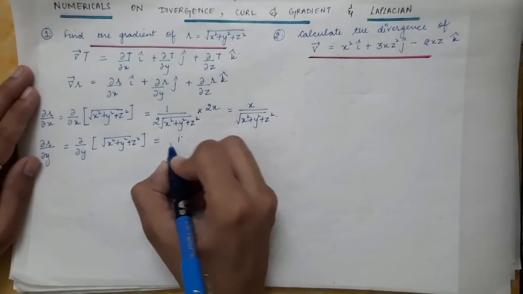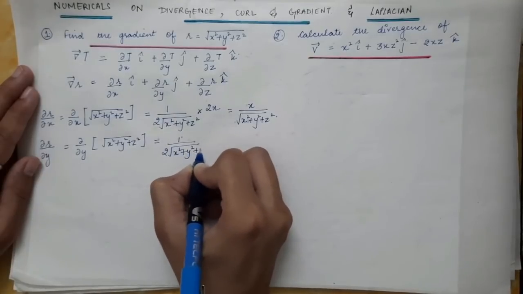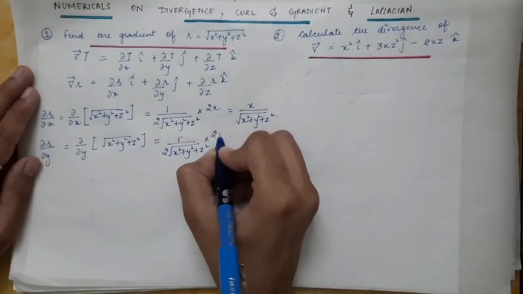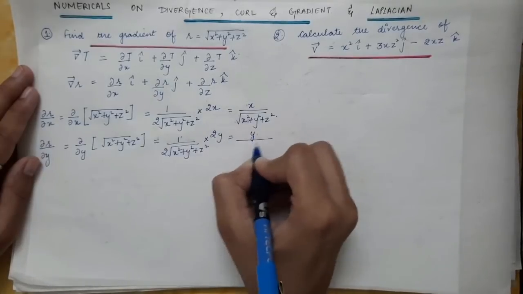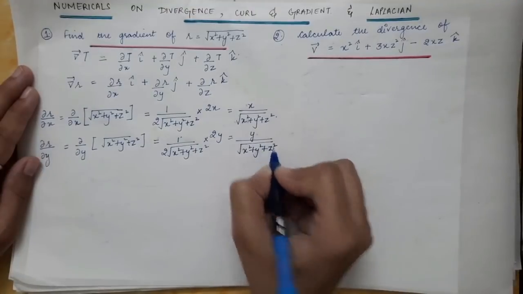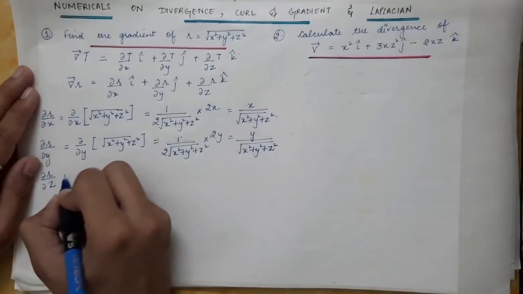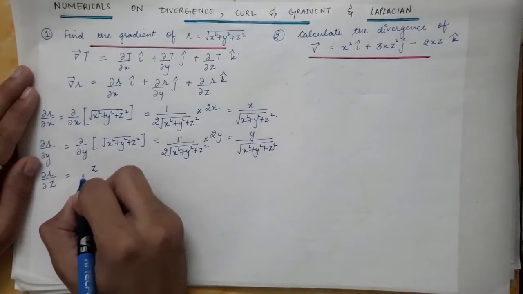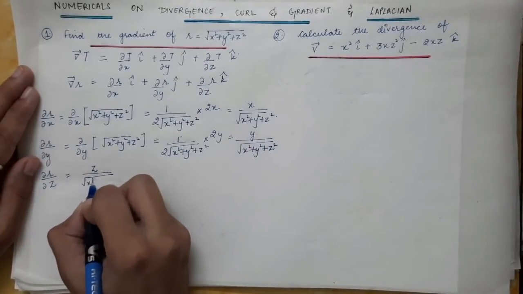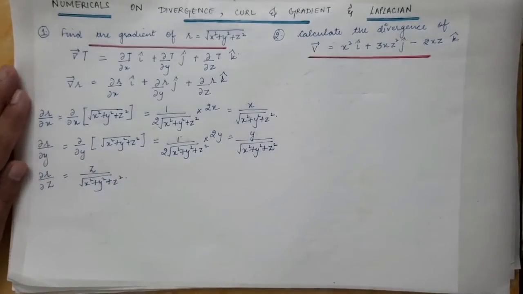So we will get 1 by 2 under root of x square plus y square plus z square into 2y, which is equal to y divided by under root of x square plus y square plus z square. Similarly, del r by del z will come out to be z divided by under root of x square plus y square plus z square.